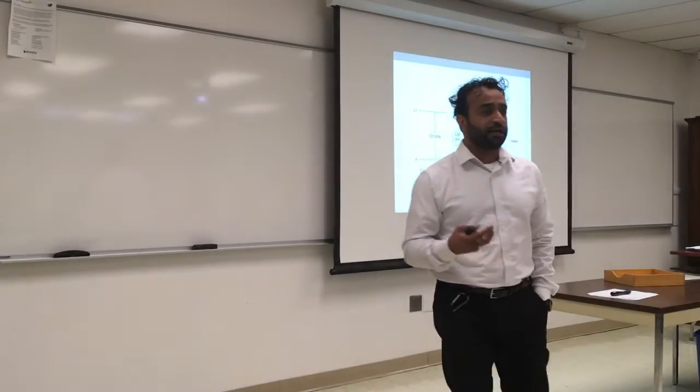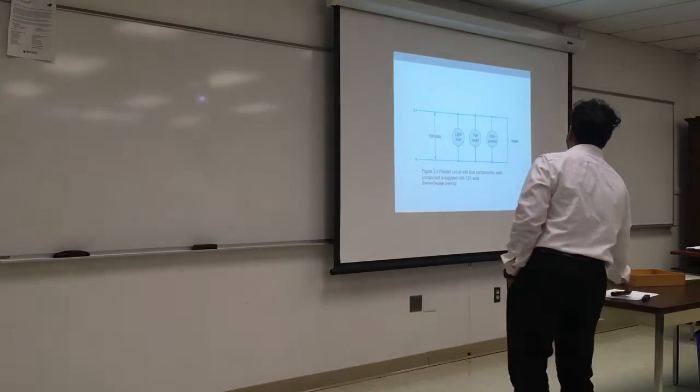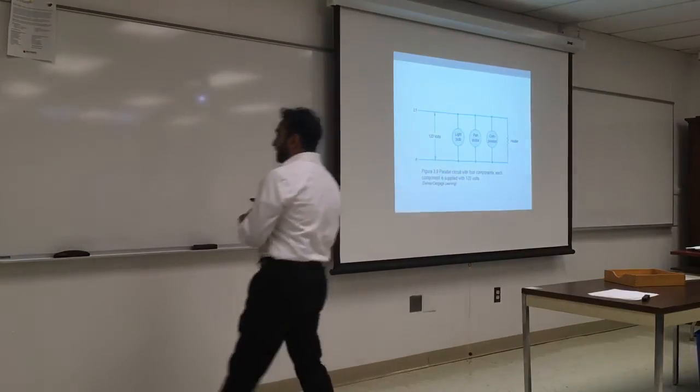Sometimes in the schematic it looks kind of different. It doesn't look like the one we drew. If I were to draw this, I will draw it like this. And you might see it in a different form.